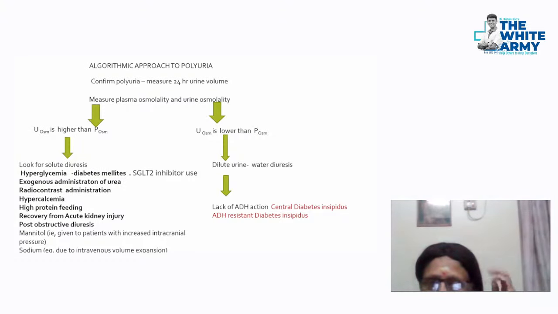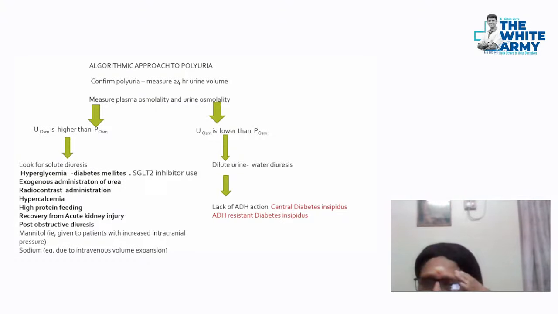To recapitulate, it can be excessive urea, radio contrast, hypercalcemia, high protein diet as in the previous patient, recovery from acute kidney injury, or mannitol, usually given for intracranial pressure.